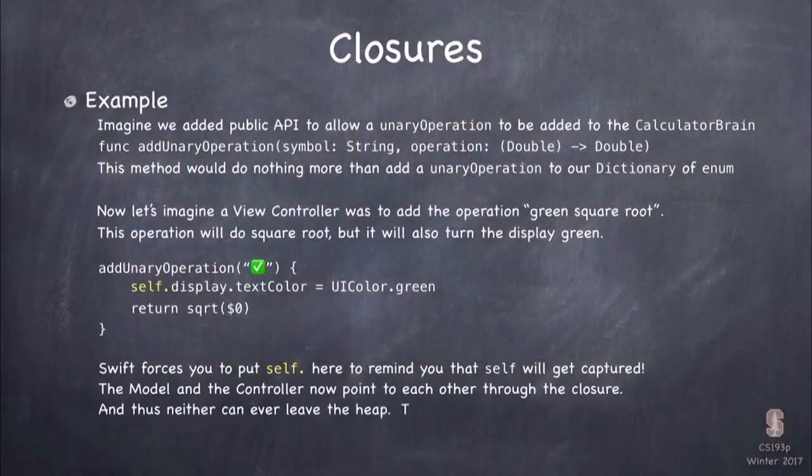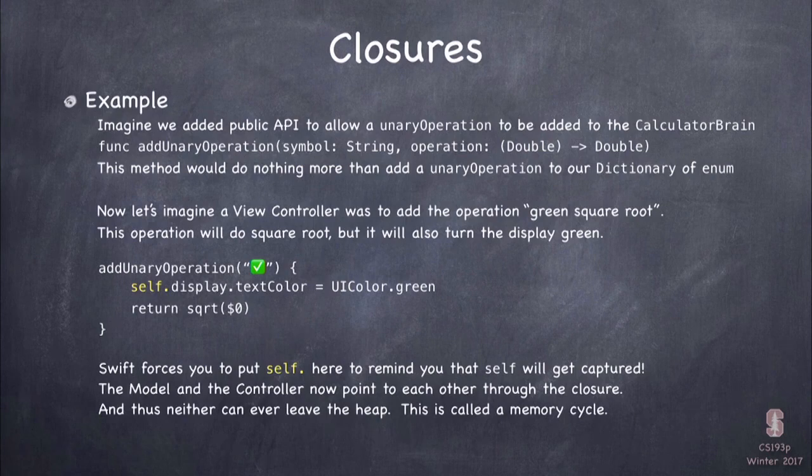It's going to say you have to explicitly say self dot there, because I want you to understand that you are capturing a strong pointer to yourself in this closure, in case you point to this closure, which our view controller does, because our view controller has the calculator brain, which has the operations table, which has this closure in it.